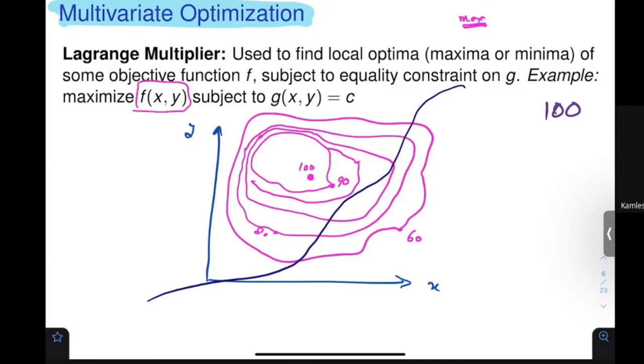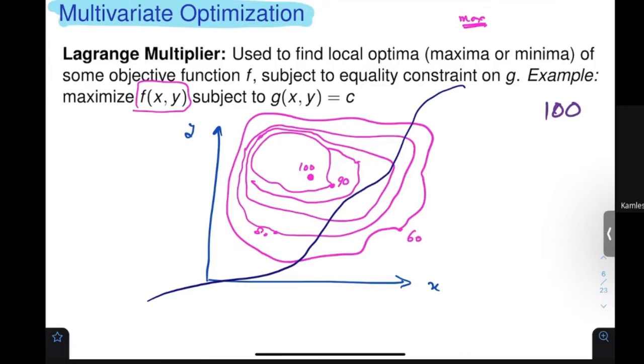When they have different directions, this line is going to cross that contour. But at the place where it touches the contour and goes away, the direction of the slope of this line and the direction of the slope of this contour are going to be the same.